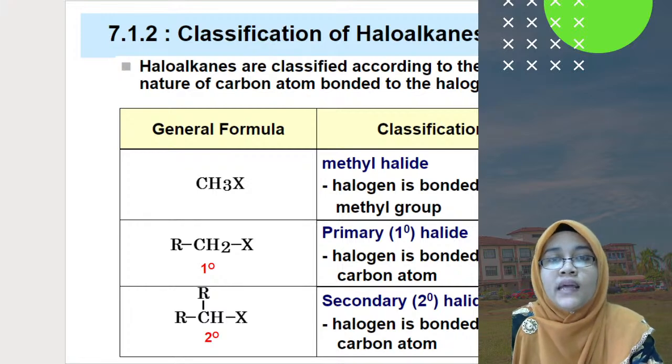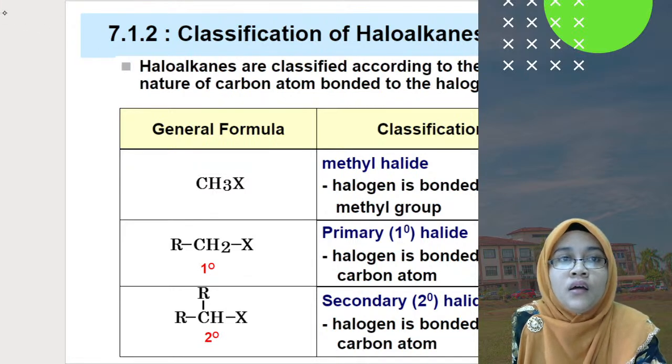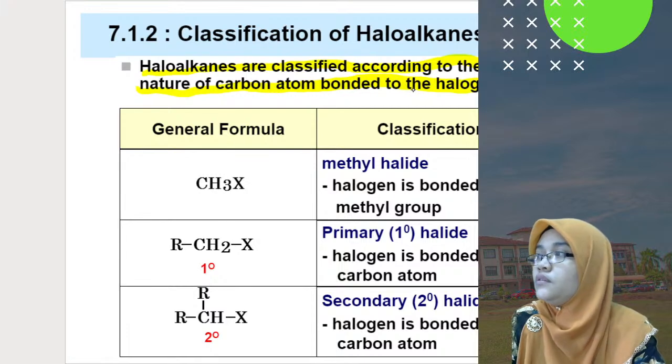Right. So classification of haloalkane. Okay. Haloalkanes are classified according to the nature of the carbon atom bonded to the halogen. Okay.